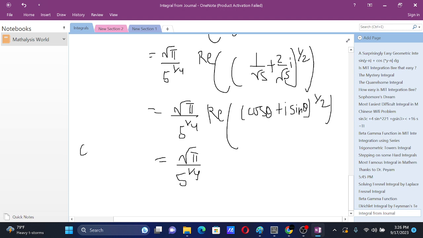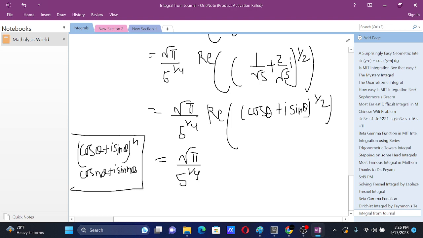De Moivre's theorem says that if it's cos theta plus i sin theta, then for any nth power, this will be cos n theta plus i sin n theta, where n can be any real number. So we will use this formula and we will get the real part of cos theta by 2 plus i sin theta by 2.